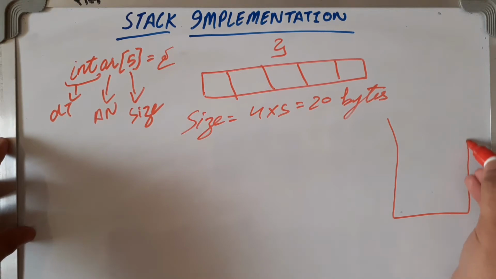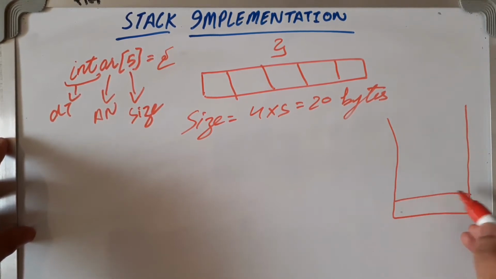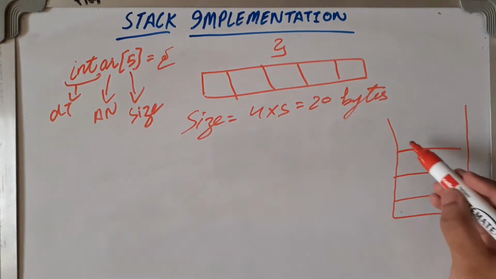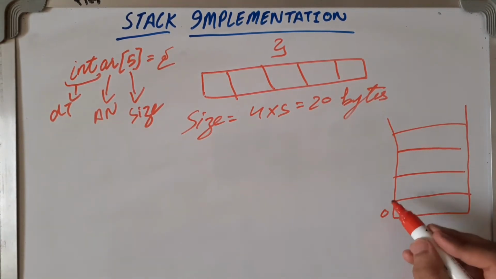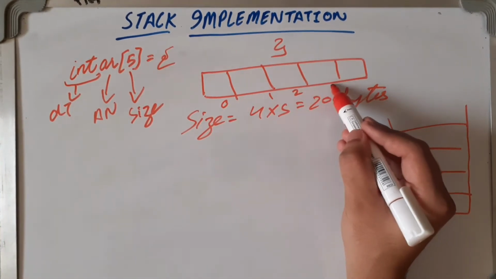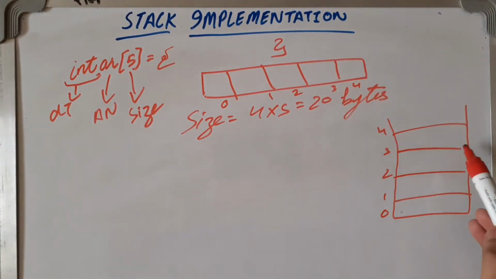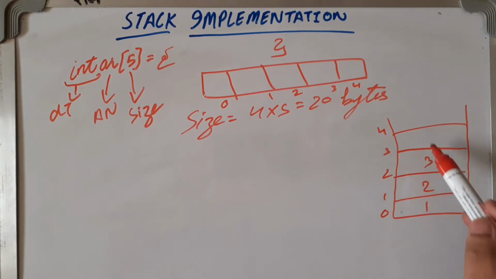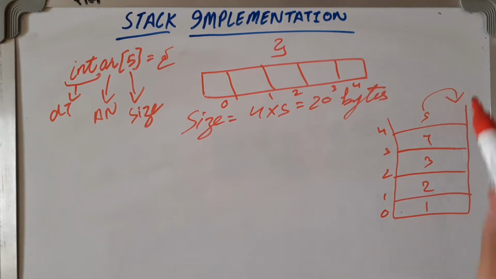As we all know, the stack representation is like this: we have the 0th element, first, second, third and fourth. When we input data into the stack, it goes in as 1 2 3 4 5, and when we take it out, it comes in reverse.